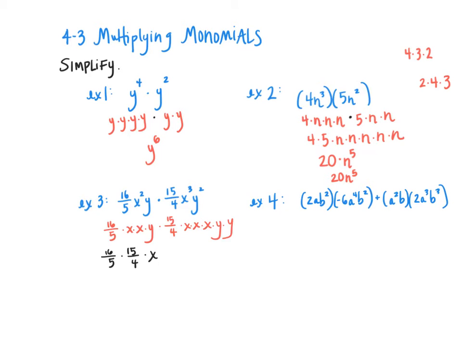And then it looks like I'm going to have x 5 times and y 3 times. Okay, so now I can simplify. Since I'm multiplying these fractions, if I simplify 15 over 5 to 3 over 1 and 16 over 4 to 4 over 1, that will help me out a little bit. And so I get 12 times x to the 5th times y to the 3rd. And I could write that 12x to the 5th, y to the 3rd.